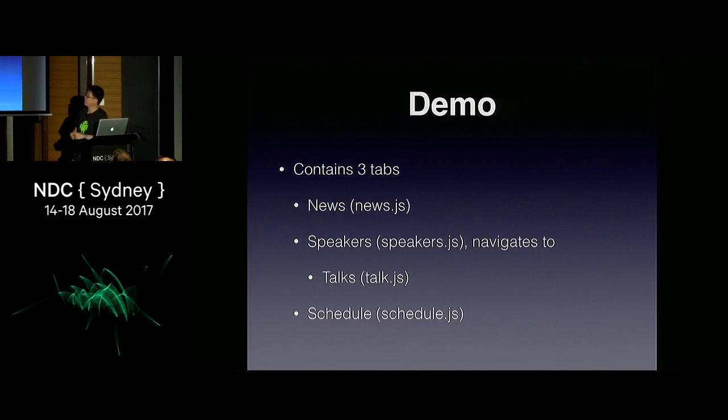It basically contains 3 tabs. News, represented by news.js, my JavaScript file. Speakers, speakers.js, and this speakers is going to navigate to talks, which is represented by talk.js. And I have another tab called schedule, represented by schedule.js.